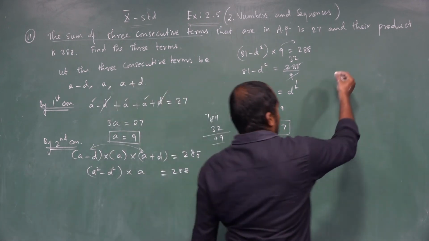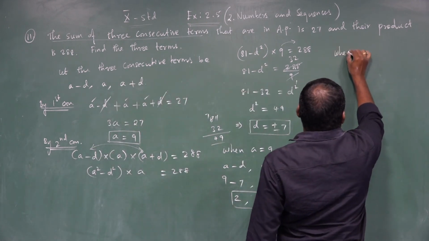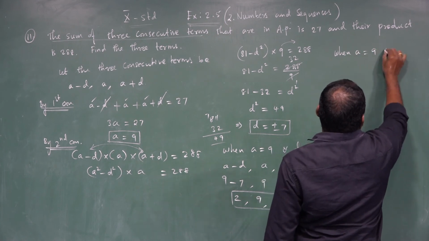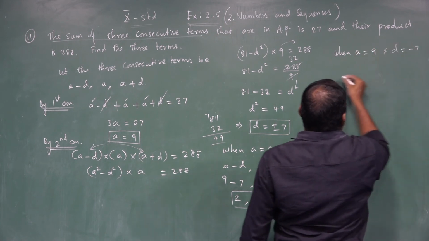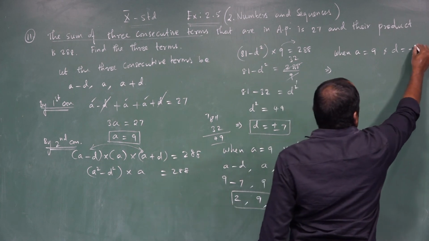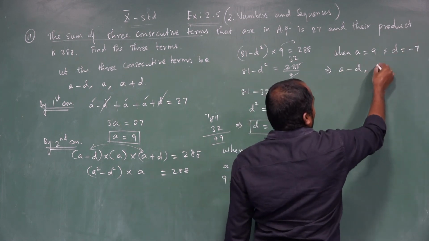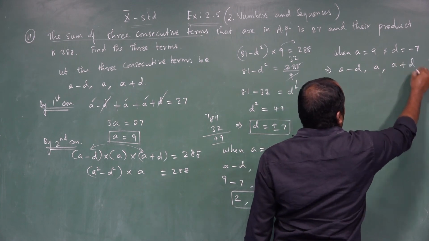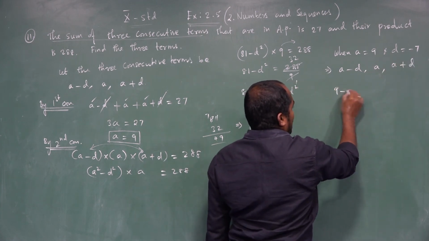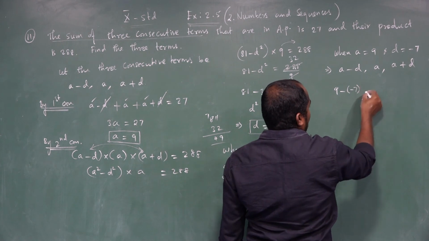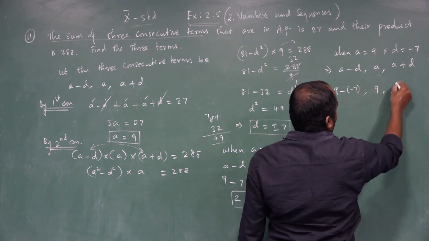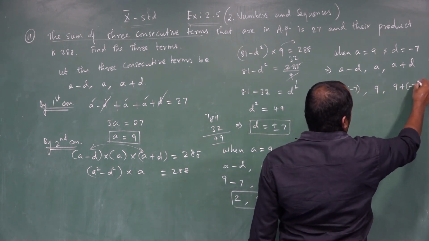Now substitute d value minus 7. When a equals 9 and d equals minus 7 in a minus d, a, a plus d, we get 9 minus of minus 7, 9, 9 plus of minus 7.